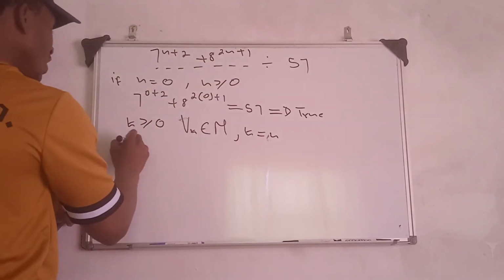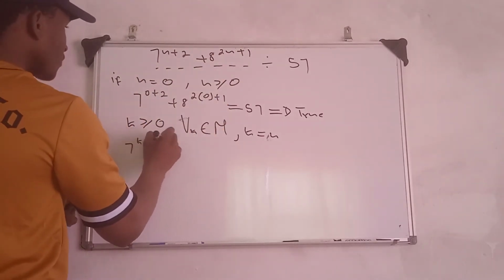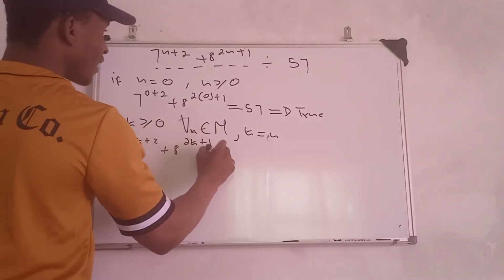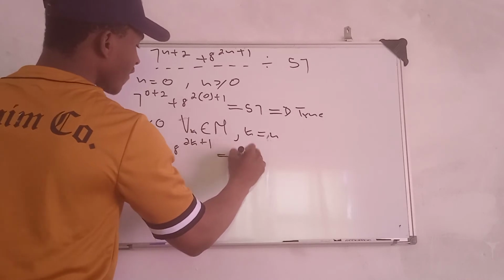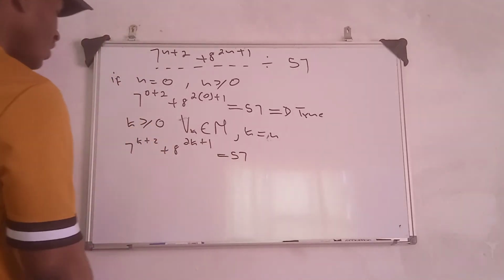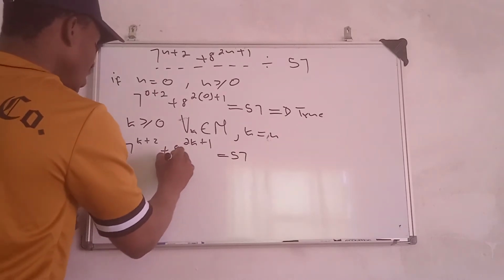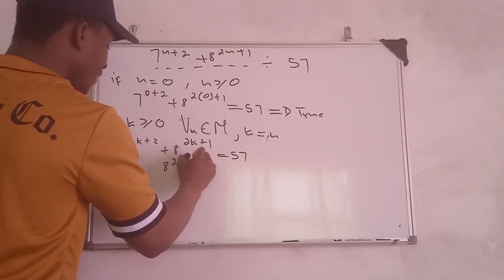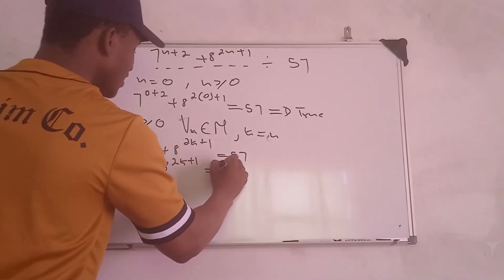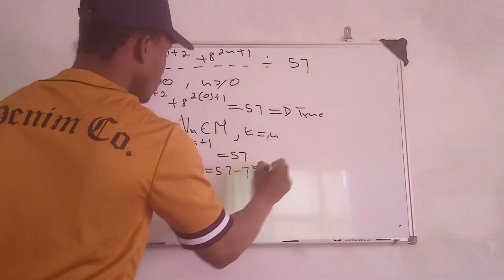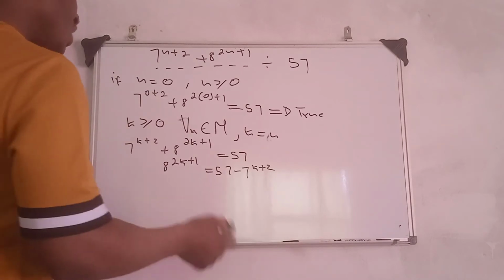So I'm going to put 7^(k+2) + 8^(2k+1) equals a multiple of 57. We assume this statement. So if it's like that, I can manipulate it a little bit and say 8^(2k+1) equals 57 minus 7^(k+2). You can actually set any term that you want.